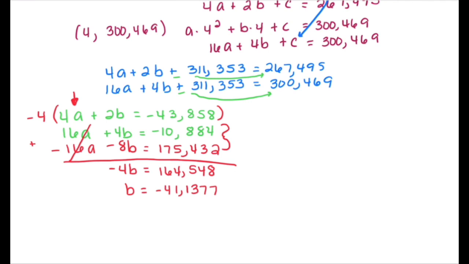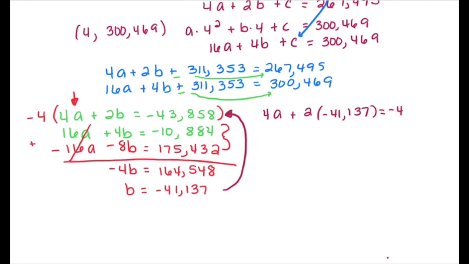I'm going to substitute my b value into, let's say, this particular equation, one of our original ones, so that I can find our a value. So I'll have 4a plus 2 times negative 41,137. Oops, I had too many 7s here when I was looking back.